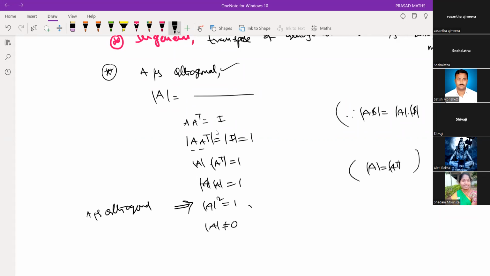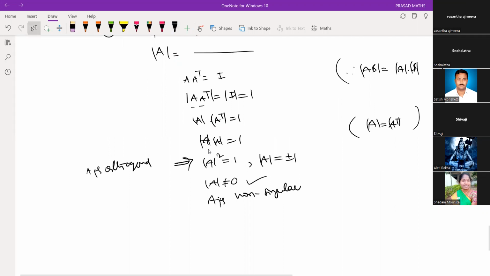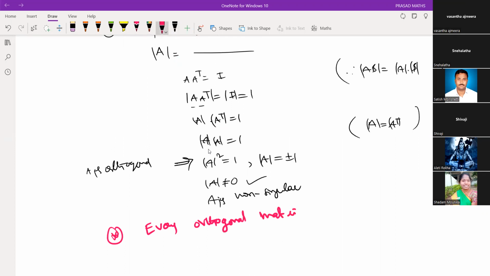That means det A is equal to plus or minus 1, and det A is not 0. That means A is a non-singular matrix. Any orthogonal matrix is a non-singular matrix. Every orthogonal matrix is a non-singular matrix.